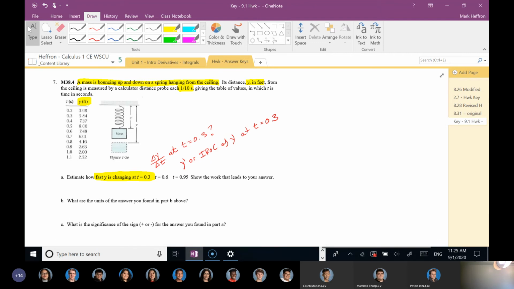Gavin, Jacob, any ideas? Michelle, do you remember if we're looking right at 0.3, what numbers are we going to want to use to estimate the IROC right at 0.3?